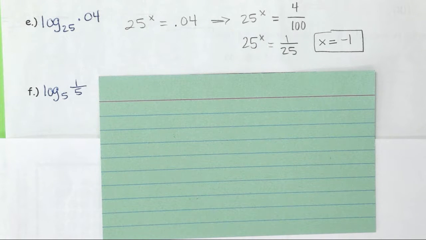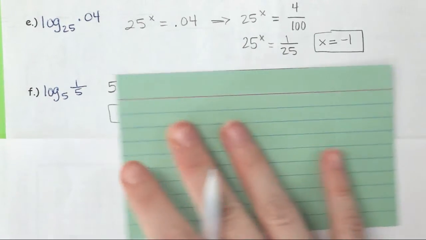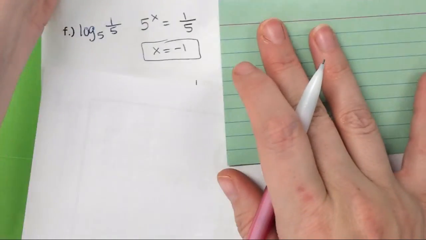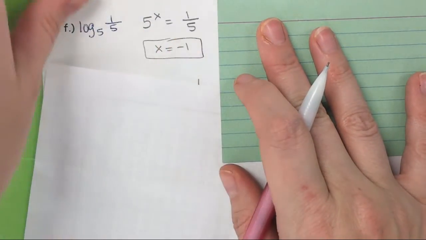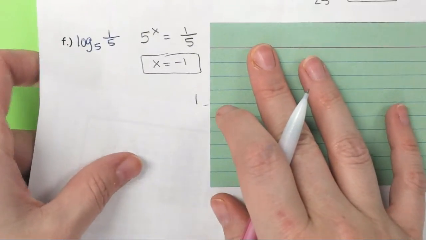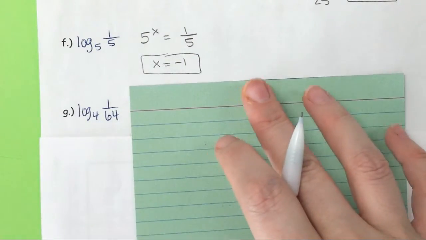So what's x going to be from there? Marisha, what'd you get? -1. Good. So this one was very similar to the last one, where you notice, hey, if this is 5 and this is 5, the only thing I have here is the 1 on top. I know I'm going to have a negative.